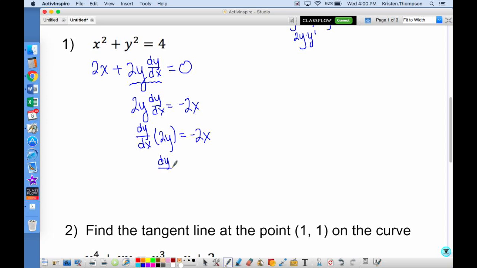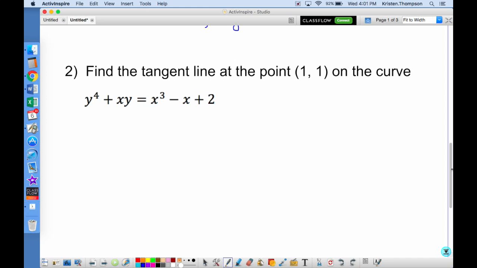So we get dy dx is equal to negative 2x over 2y. Or if you divide the 2's out, you could simplify this into negative x over y. Notice that an implicitly defined function, its derivative can have y in it because the original function had y in it as well. Let's move on to another example.